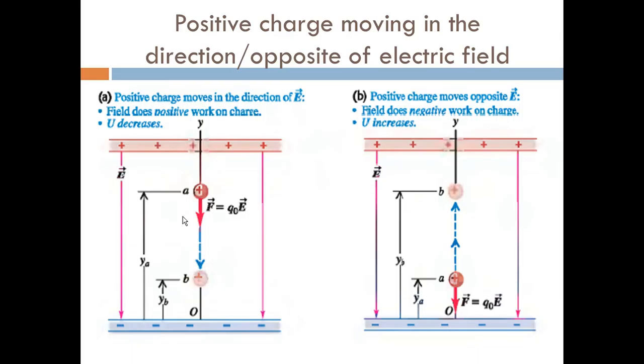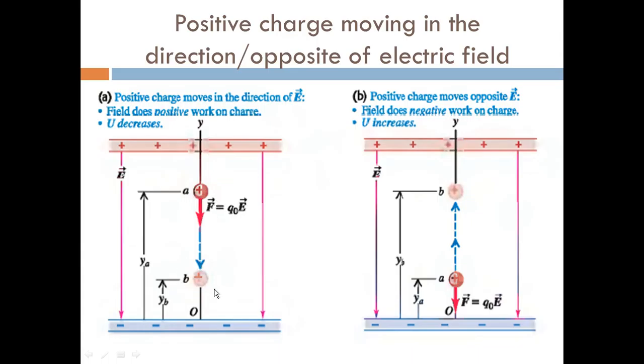And we have associated that when the work done on the charge is positive, the associated potential energy decreases. Just like what we have already presented, point A is the location of the higher potential energy and higher potential.